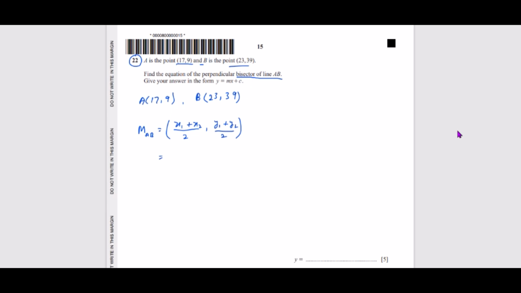So x1 is 17, plus x2 is 23, divided by 2, and y1 is 9 plus y2 is 39, divided by 2. The sum of these values divided by 2 is equal to 20, and the other is equal to 24. This is the midpoint of points A and B.